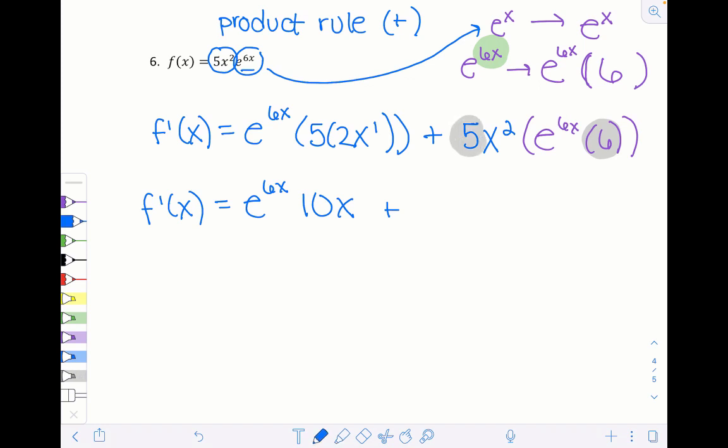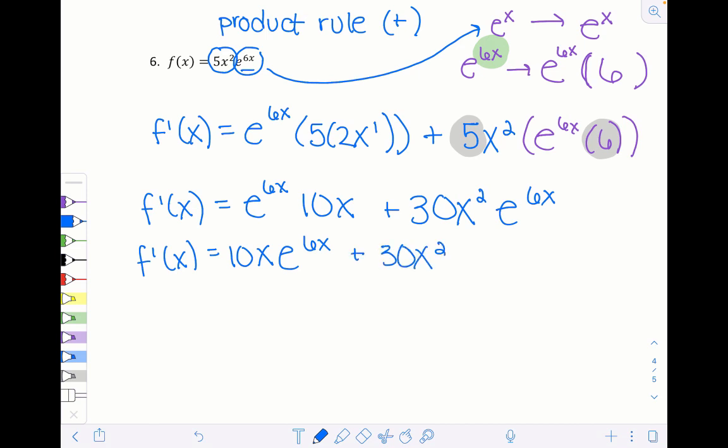So I could say plus 30x squared e to the 6x. I didn't quite write them in the same order, so maybe I'll just do that now just to keep them consistent. So here's the derivative. So this is the derivative for the original problem.